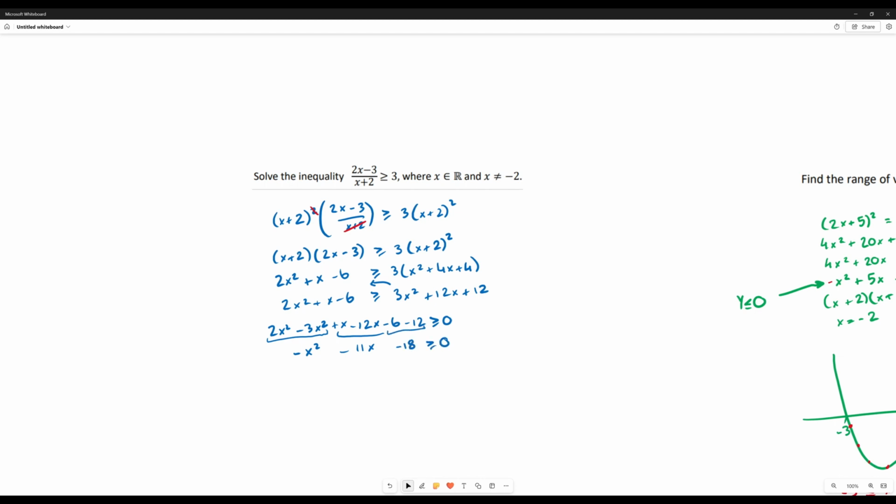Now, let's say you got to this stage, right? If you hadn't done it this way, you would have had all the positive numbers on the other side, and you do the minus b, and you do your graph, and you'd be away. Here, you can just do the minus b formula, and your answers will still be, I'm just going to tell you what they are: minus 2, I think, and minus 9.